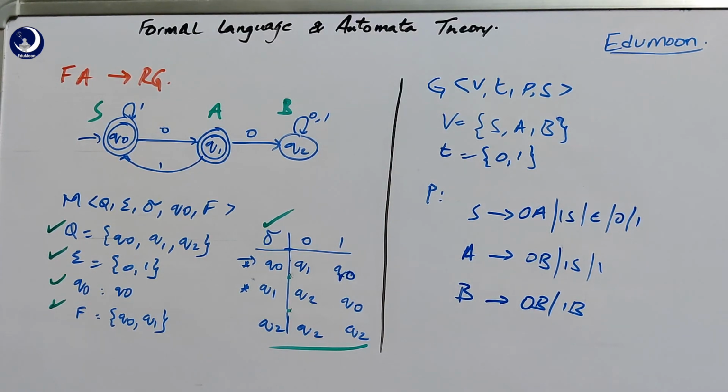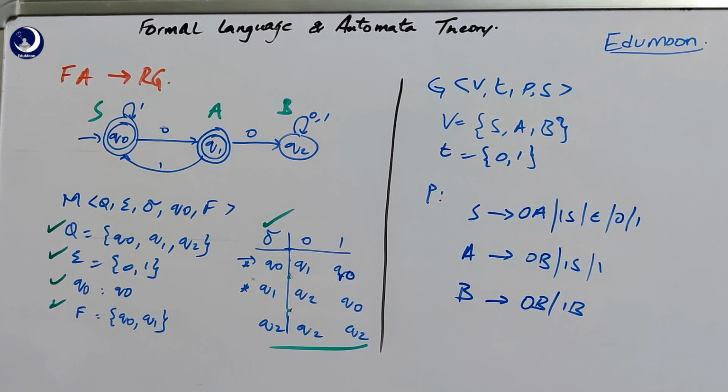So these are the final productions of the regular grammar generated for the given finite automata, and here we can clearly see that Q2 is a dead state, or else sometimes called a trap state, where once you enter, you do not come out of it.